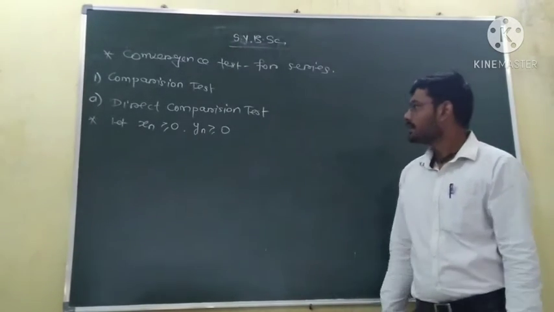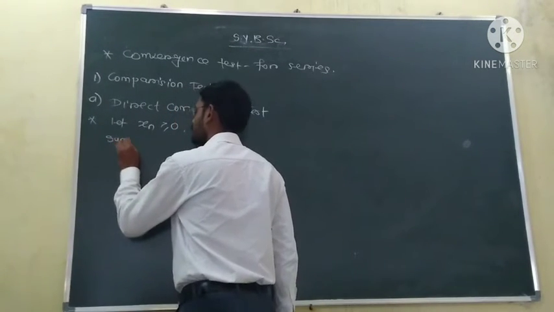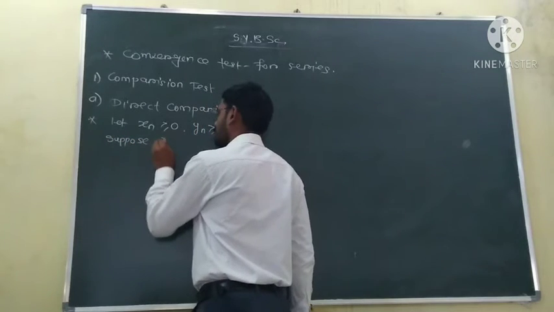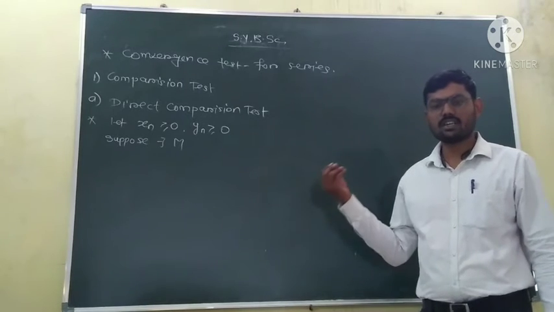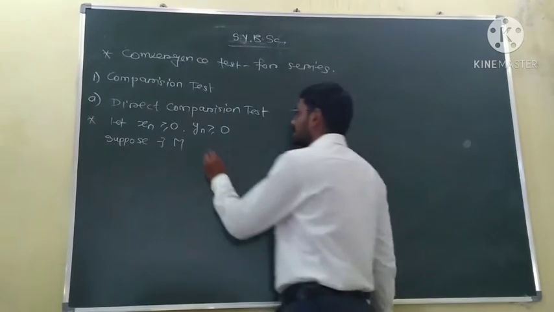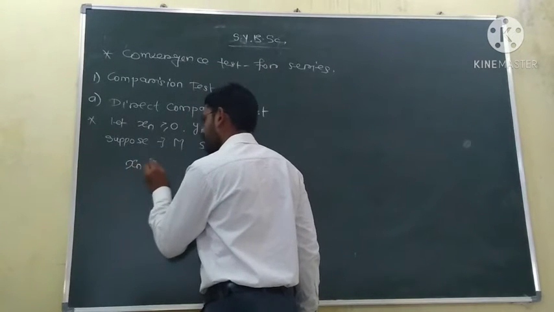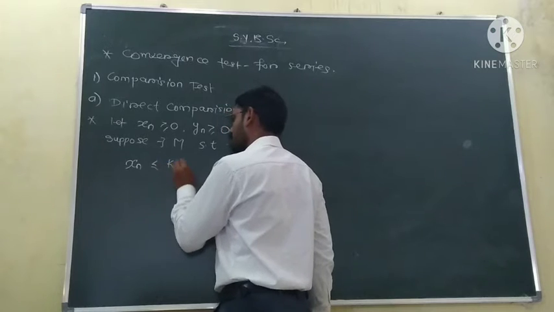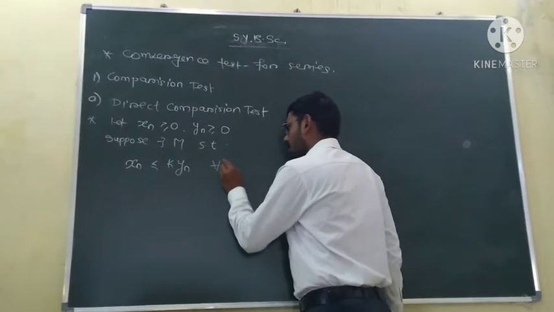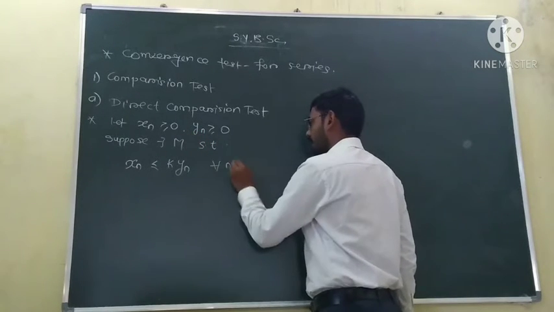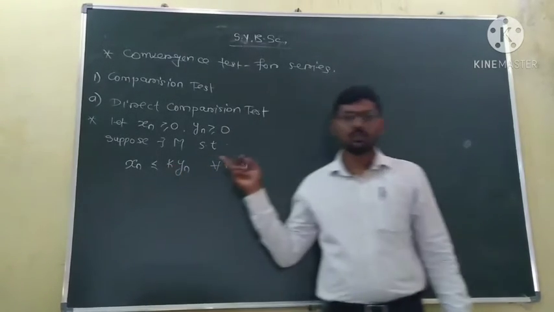Suppose there is a natural number m and some constant k such that xn is always less than or equal to k times yn for all n greater than or equal to m, where k is some positive constant.